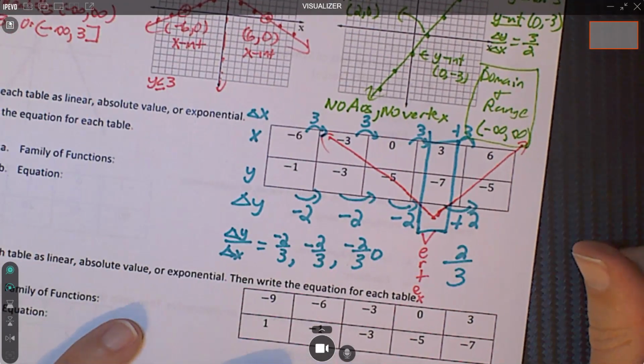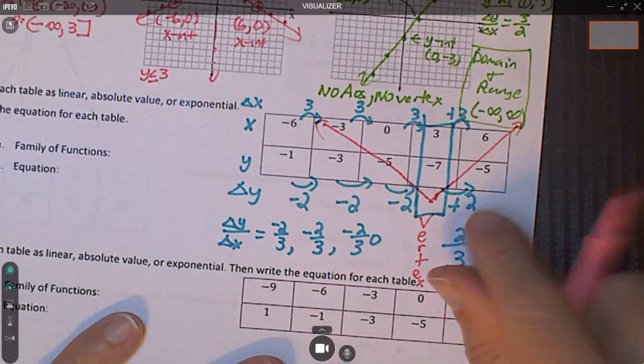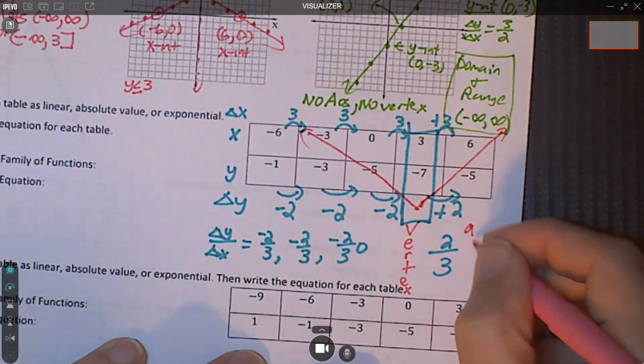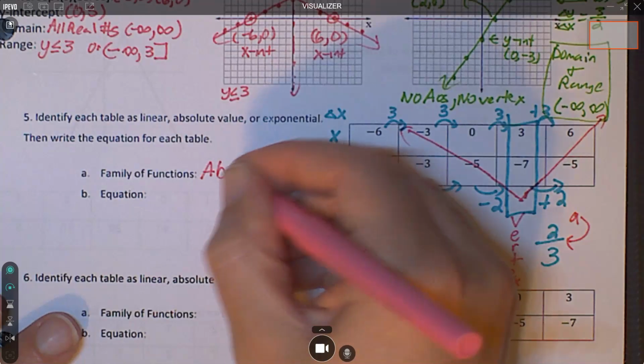So there's the vertex, and A is always the point to the right. So A is 2/3. So the function family is absolute value.